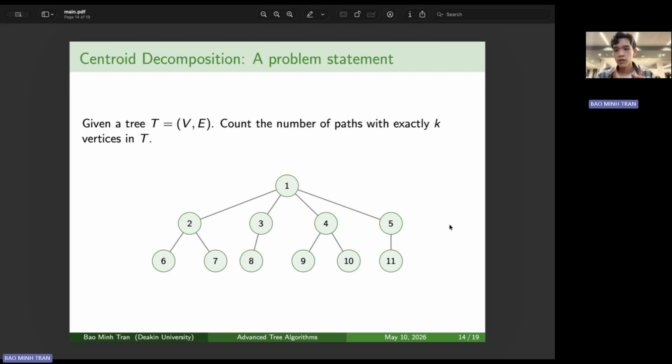Specifically here, we want to count the number of paths with exactly k vertices. Again, you'll find the naive O(n squared) solution. Do you want that? No, I don't. So we're going to use a very interesting decomposition algorithm called centroid decomposition.